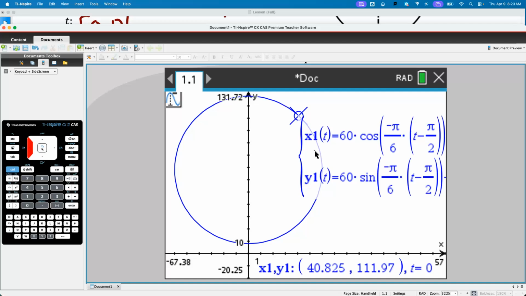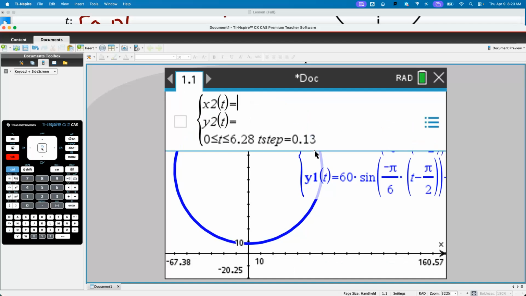What do you think it should be? Plus pi over 2? Okay. So what's wrong? Are you guys at the bottom? No? At t equals 0? Oh, yeah, you have the extra set of parentheses? All right, let's see if that extra set of parentheses makes a difference.